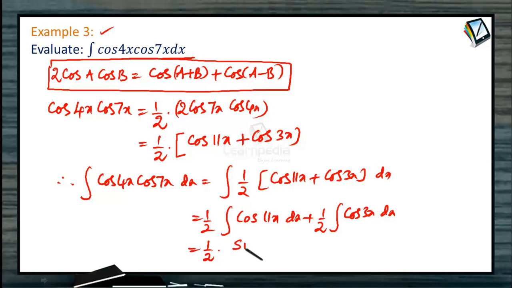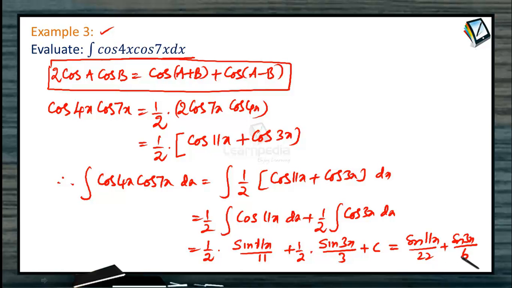Integral of cos is sine, so sine 11x by 11, plus half times sine 3x by 3, plus constant. Finally it becomes sine 11x by 22 plus sine 3x by 6 plus c, which is the correct answer for this question.